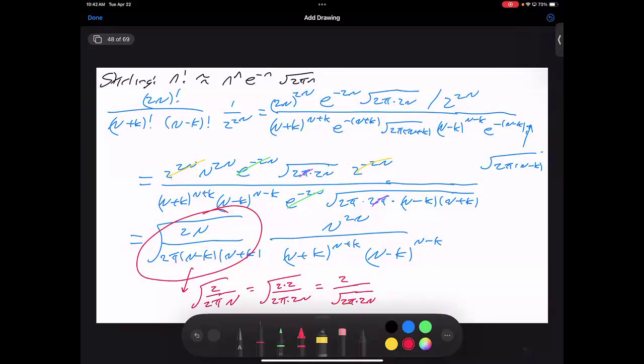And now if you look at that, the 2 pi looks like the 2 pi from the Gaussian. The 2n looks like the variance. There is this factor of 2.